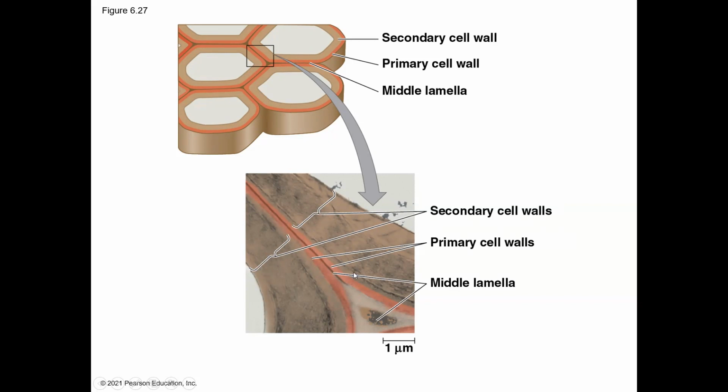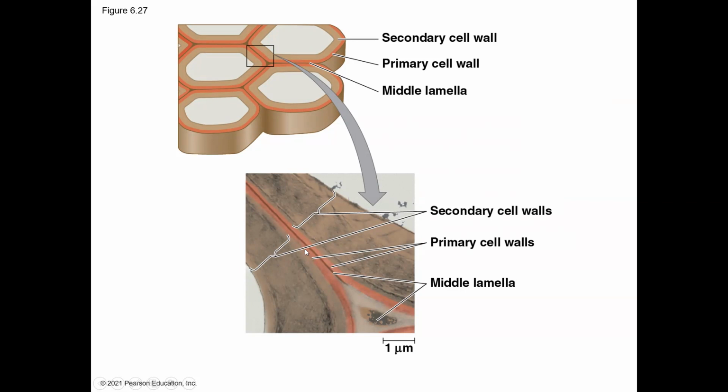The gray area here would be the inside of the cells, and the plasma membrane would then be located on the inside of this secondary cell wall. So the plasma membranes for your cells will be located here.